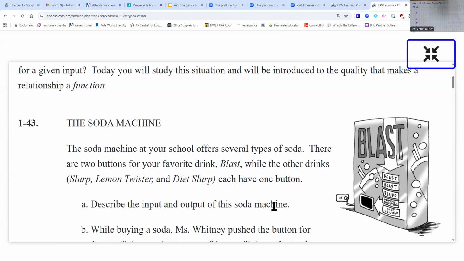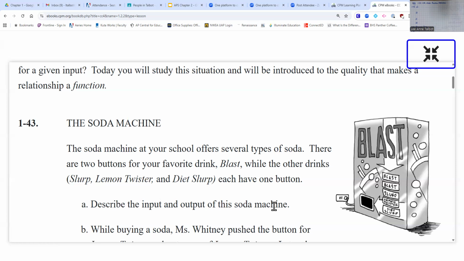Okay, A, describe the input and output of this soda machine. So what would the input be? And pretend it's free. You guys are thinking mathematically speaking, not sodally speaking.